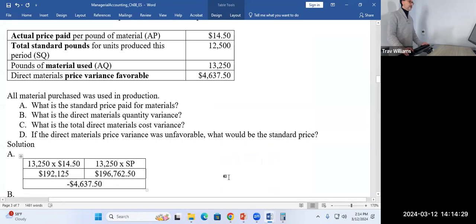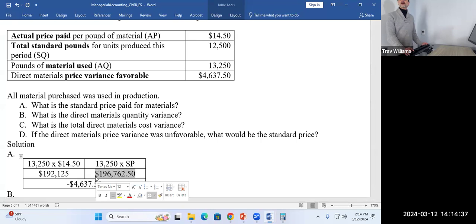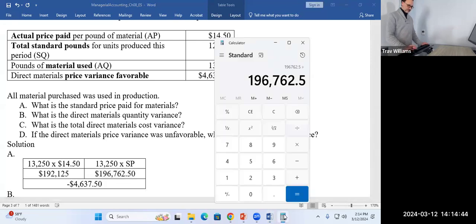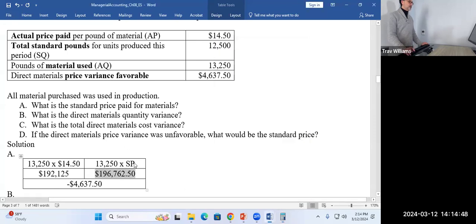Now there's one step left. How can we get from this to our price per unit of materials? Divide. Yeah, we're going to divide it by the 13,250 units. And when we do that, we get $14.85. So that is our standard price per unit.